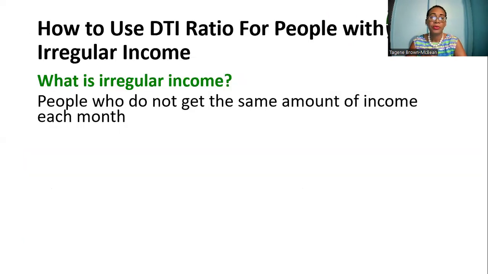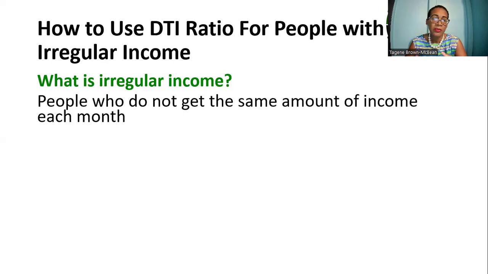All right. So some of you might have a little challenge with thinking about how you're going to do this calculation, because you are what we call an irregular income earner. So how do you use this debt to income ratio if you are a person who earns an irregular income?